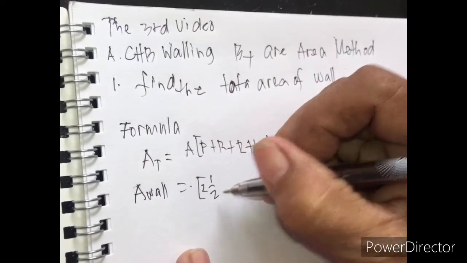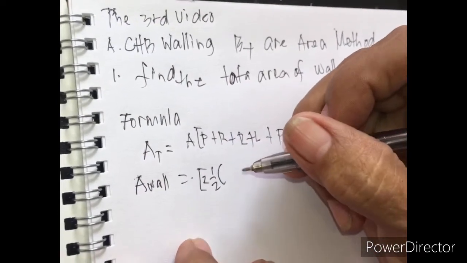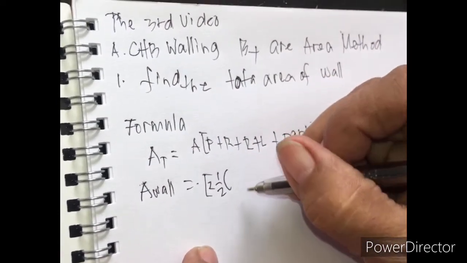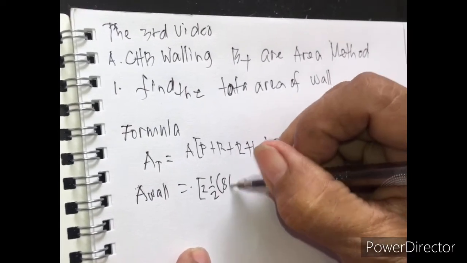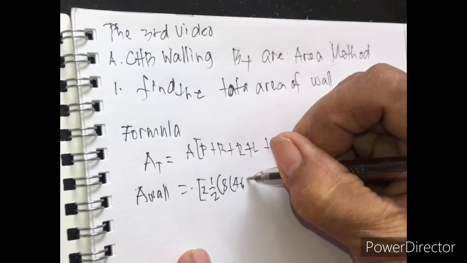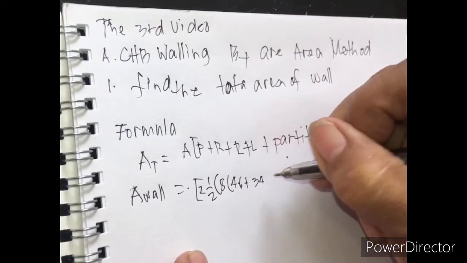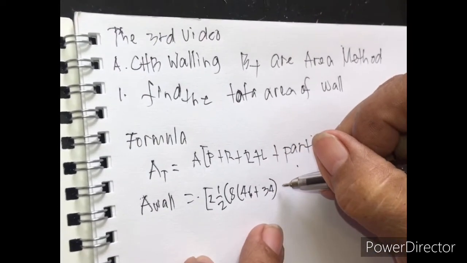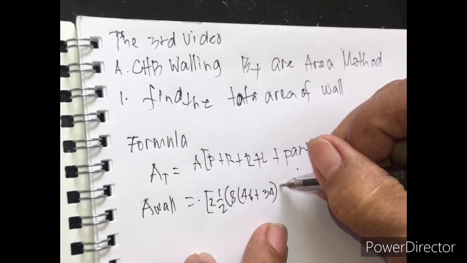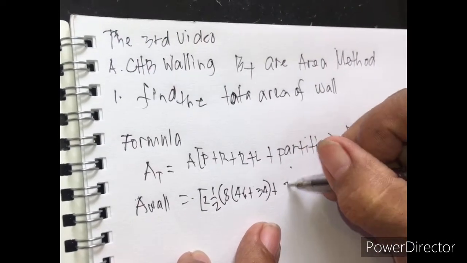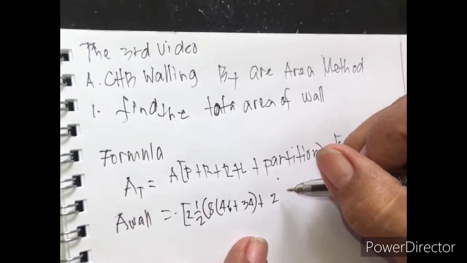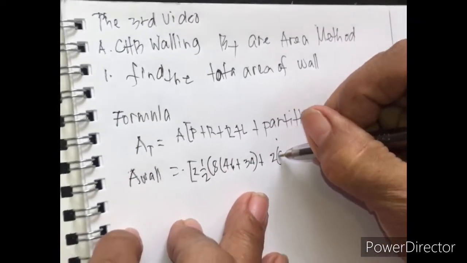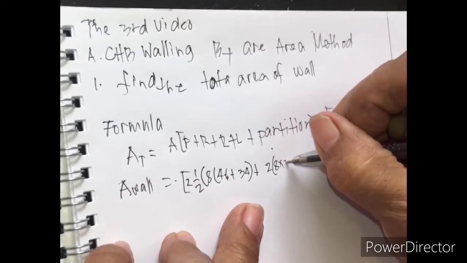So, 1/2 times 8, where the base is 8, times 4.6 plus 3.4, plus the left hand side, which is also 2 times 8 times 3.4.